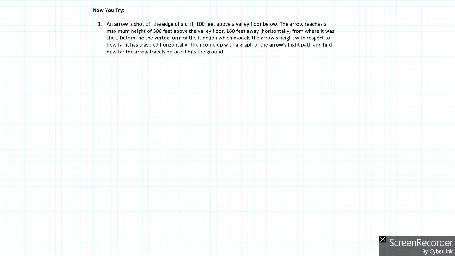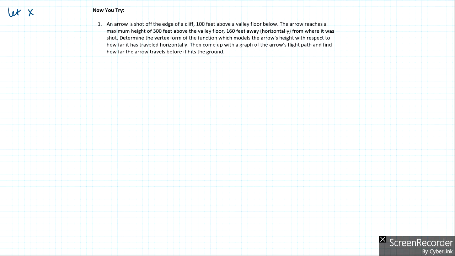And in this case, we have a problem that's similar to what we did in the example. So what we're going to do is, again, start off by defining the variables we have. Here I'm just going to let x and y be our variables. Feel free to choose whatever letters you like to define the variables.